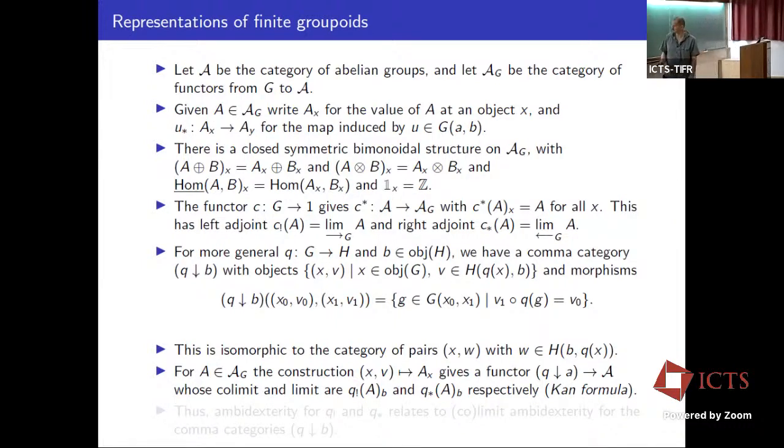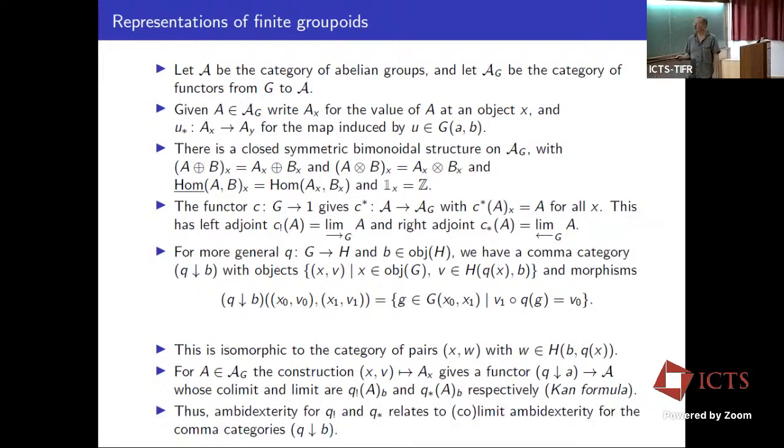It's the same thing. In any context where we know that you've got this kind of ambidexterity for the limits and colimits in this situation here, then we can just apply that to these comma categories, and we get ambidexterity for Q lower shriek and Q lower star more generally.